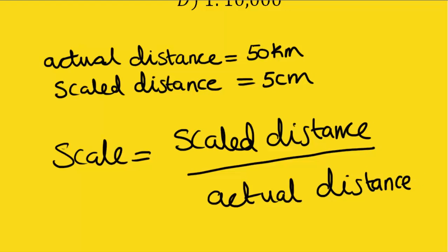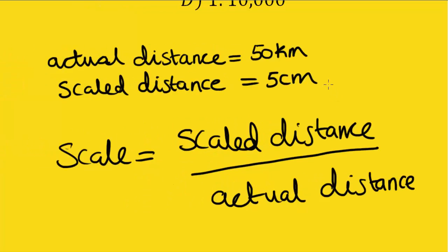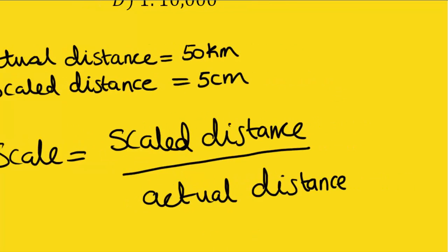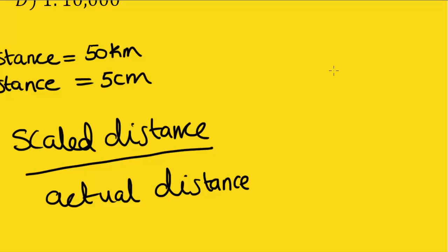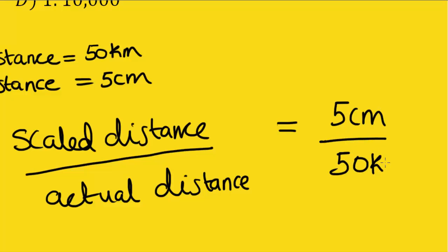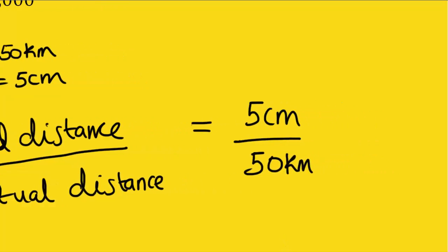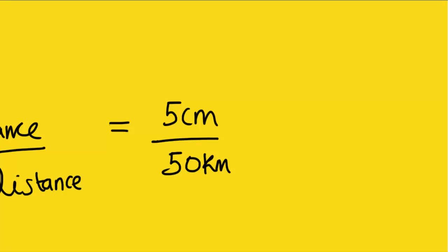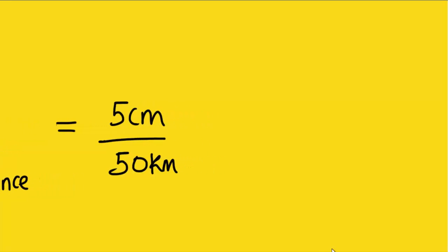But the key thing here is to make sure your scaled distance and actual distance are in the same units. So we know that our scaled distance is 5 centimeters, but the actual distance is 50 kilometers. So that's a different unit. So you need to make sure that both distances are written in the same unit to determine the scale accurately.